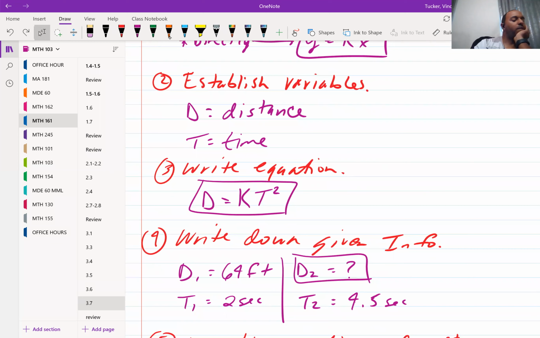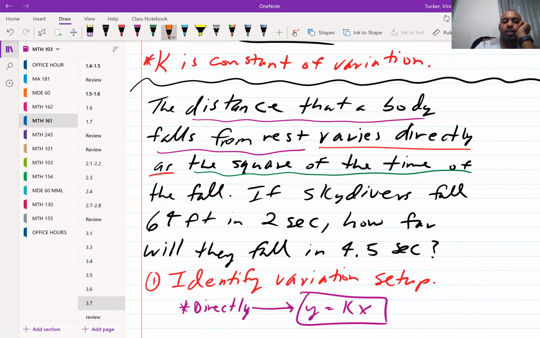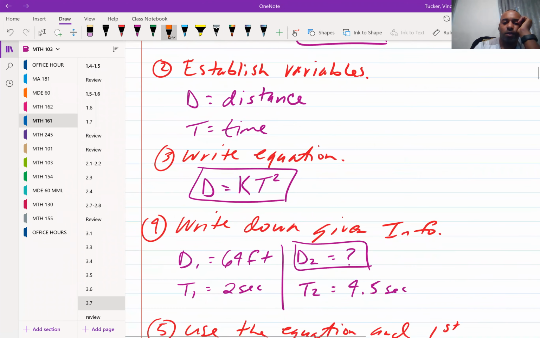All right. So the given information: once again, they will give you all of one relationship, and then you'll be missing a piece of the second relationship. So go back. Skydivers fall 64 feet in 2 seconds. That's all of one relationship. Then in the next relationship, how far would they fall in 4.5 seconds? So in the first relationship, distance is 64, seconds is 2.